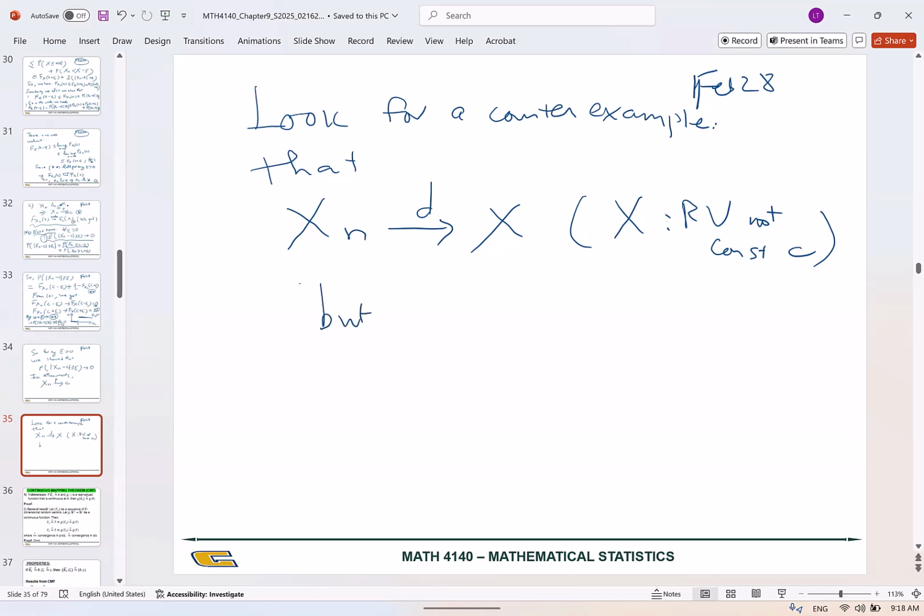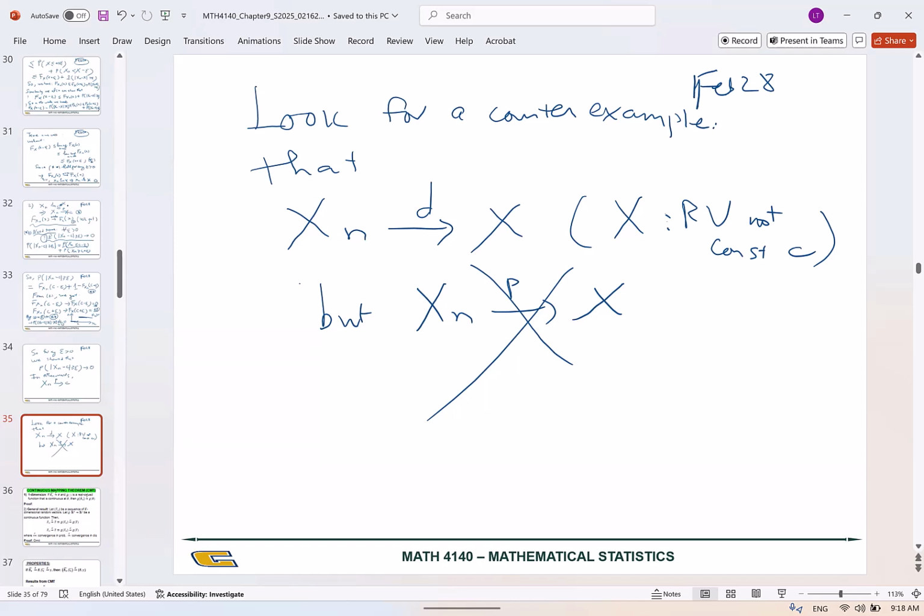We just showed in probability 2 that if xn converges in distribution to a constant c, then we get that direction, and we get that proof.